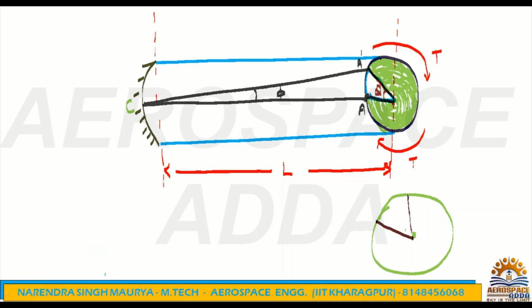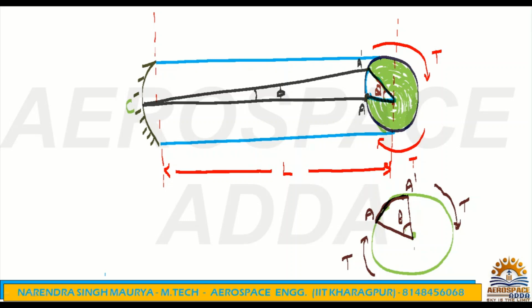This is the point, and this angle is theta, from A to A dash. There should not be any confusion. And this is where the torque is applied.